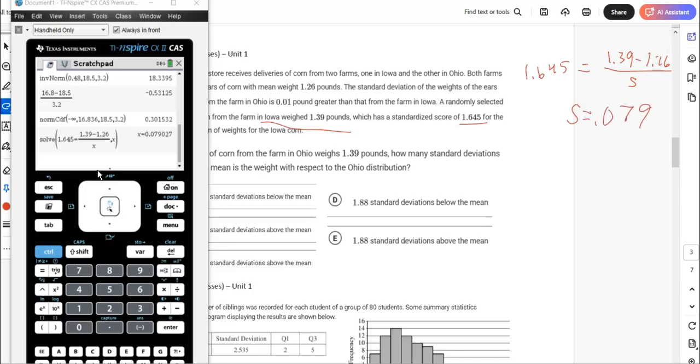And it says that's for Iowa. Ohio has a standard deviation that's 0.01 greater. So if I add 0.01, 0.089, I believe, is the standard deviation of that guy.